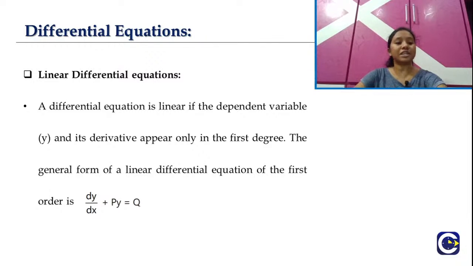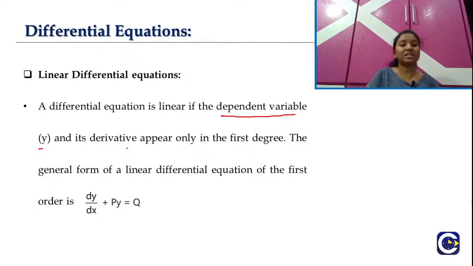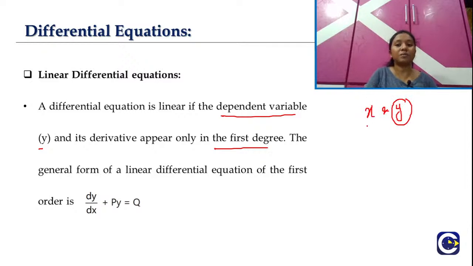First, as I mentioned, we have to identify the typical linear differential equation format. A differential equation is linear if the dependent variable y and its derivative appear only in the first degree. We have 2 variables, x and y, where y is the dependent variable and x is the independent variable.